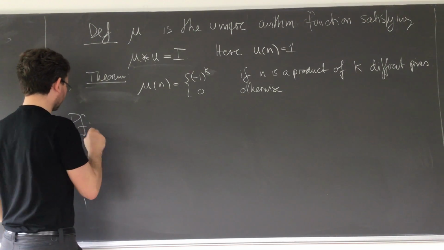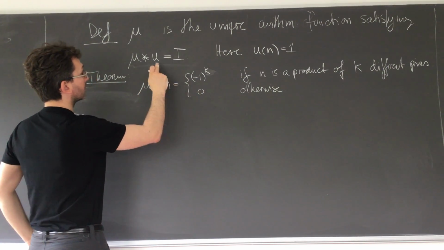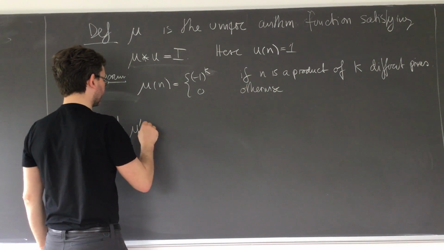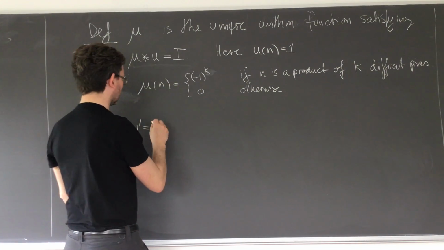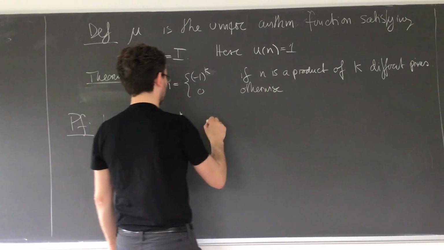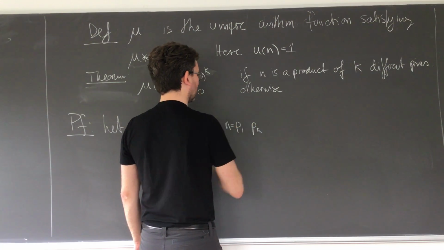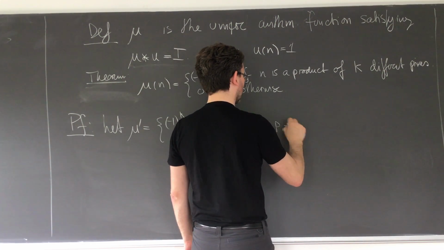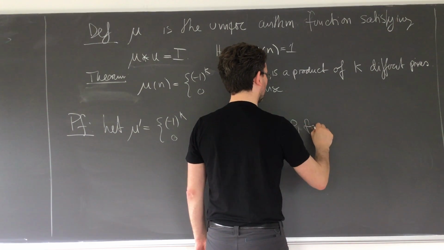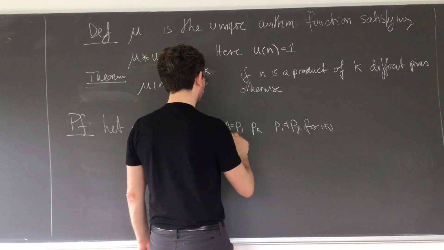So let's prove that this thing convolved with u is indeed I. We let mu prime be the function over here. It's minus 1 to the k if n is the product of k different primes, so p_i is different from p_j for i not equal to j, and it's 0 otherwise.